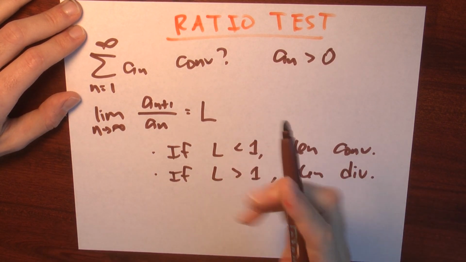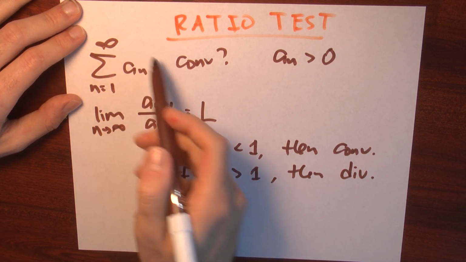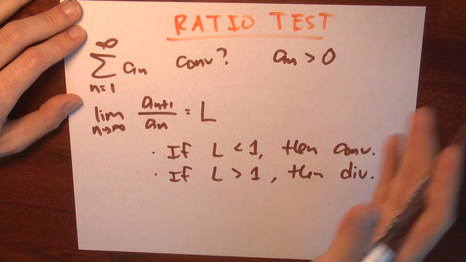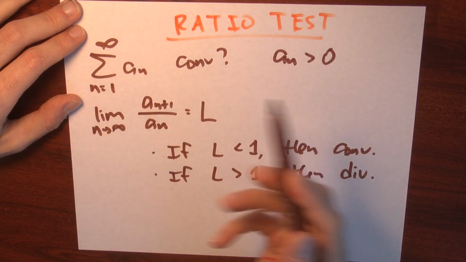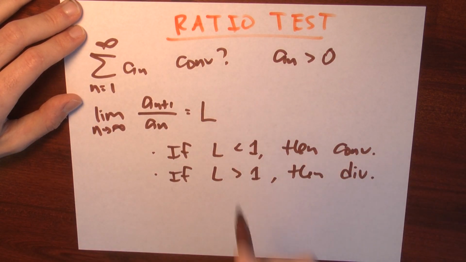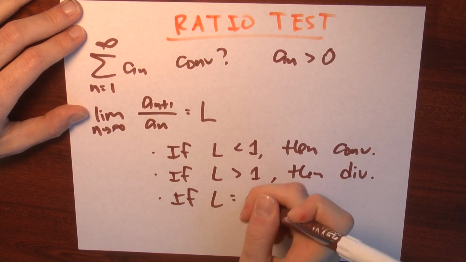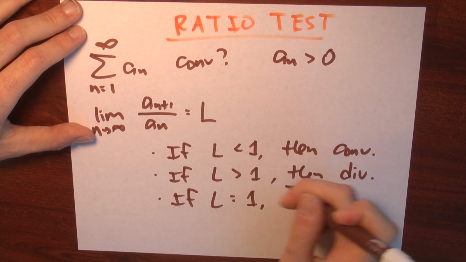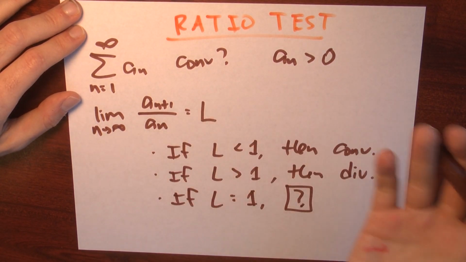Again, if this limit is bigger than 1, I can compare maybe not the whole series, but at least after a while, past some big Nth term, I can compare this series to a divergent geometric series. And then finally, maybe L is equal to 1, and in that case, the ratio test is silent. It doesn't tell us any information either way.